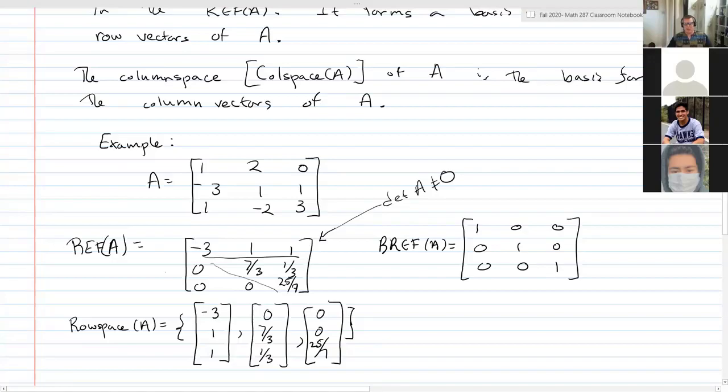That's just the case. In addition, if you think about row reduction, if we went in and row reduced to REF of A, then we'd end up with the identity matrix because there's a pivot in every single column.